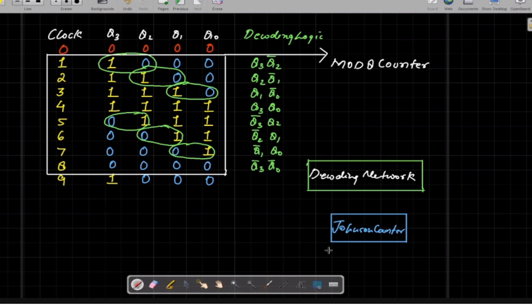Johnson counter, and we have just told you that we cannot read this output in a proper way. So we require this decoding network. So the output of the Johnson counter is connected with this decoding network like this.